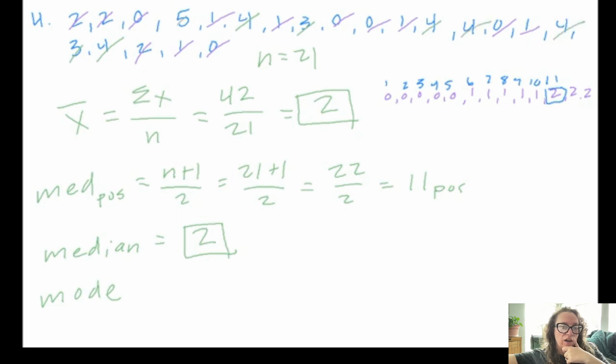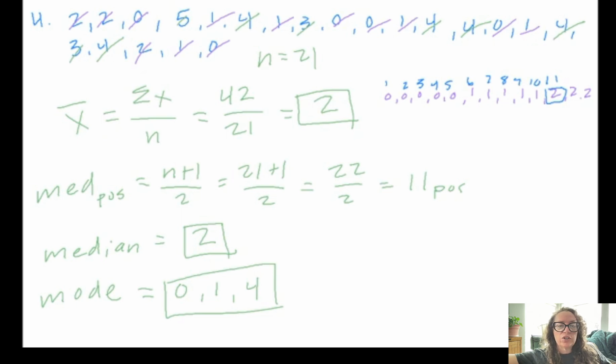So we have 5 zeros and 5 ones. So what do we do? Well, all of them are the most frequently occurring. So we would consider each of these values to be a mode for this data set, okay? So you'd write all of them out.